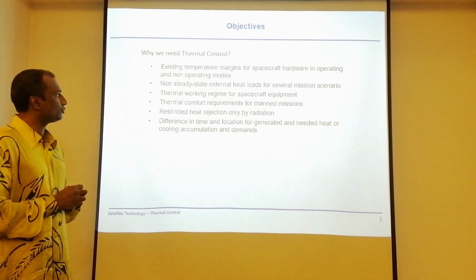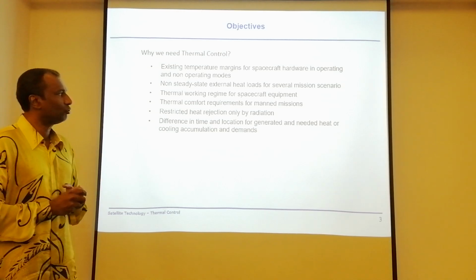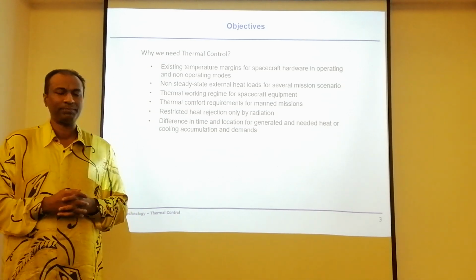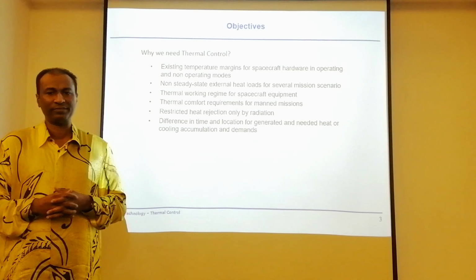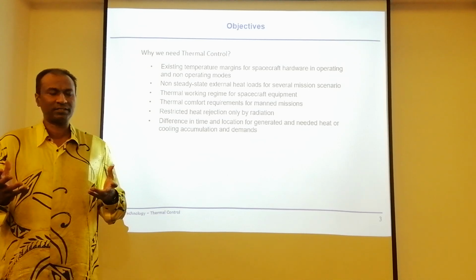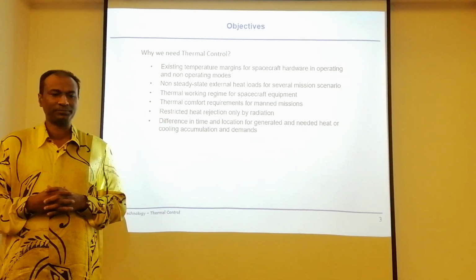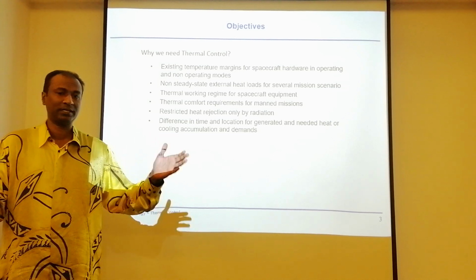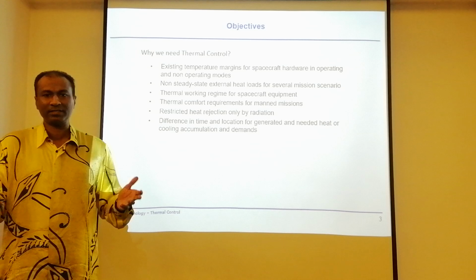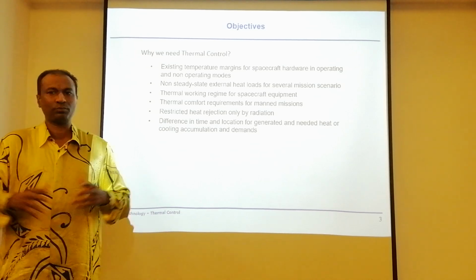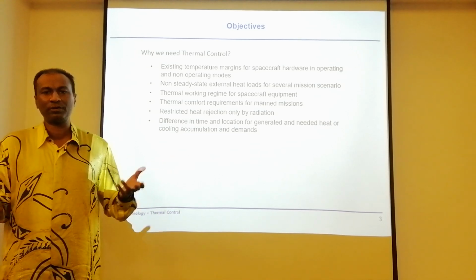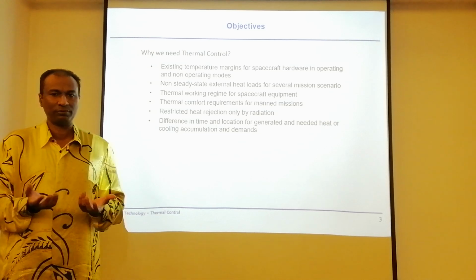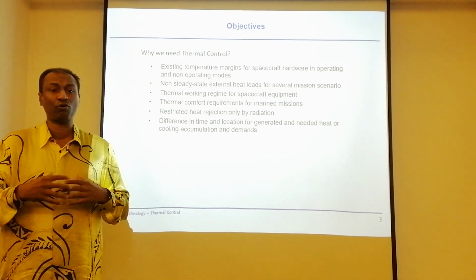Then you also have non-steady-state external heat loads. This is a very typical problem in space. As we have seen just now, there are two clear phases, the sun phase and the eclipse phase. In the sun phase, there is an external heat load, so the spacecraft is going to get heated up and get hot.